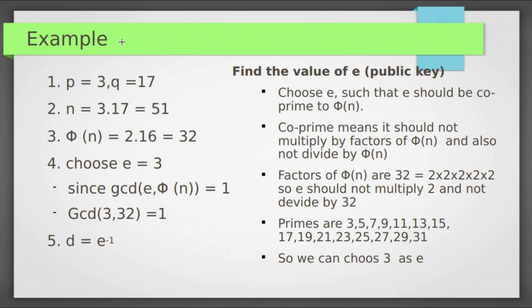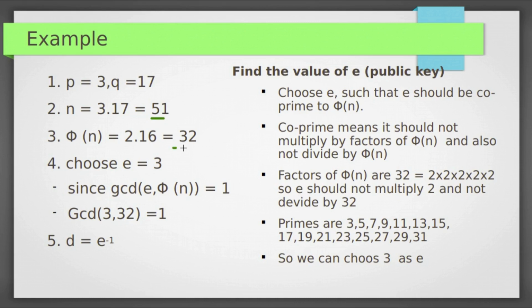Let's take a small example. Suppose Alice wants to sign some document and send it to Bob. First step, we need to generate Alice's public and private key pair. If P is 3 and Q is 17, then N will be 51.